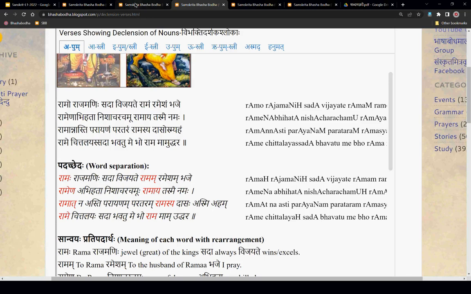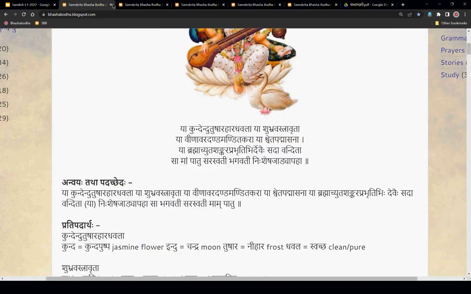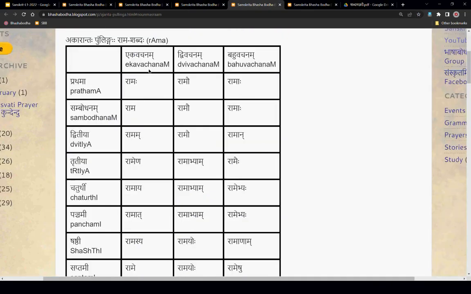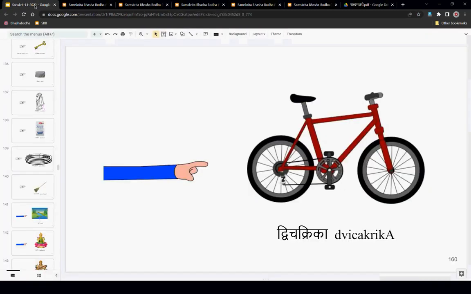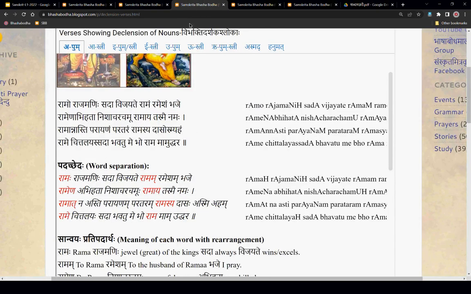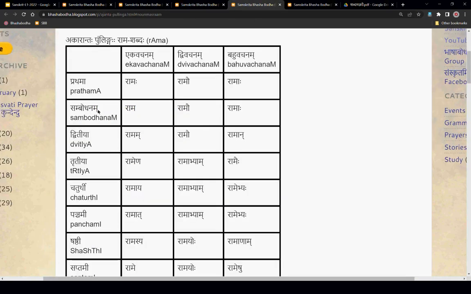These are the Vibhaktis shown in this table. And the last one, Bho Rama, this is Sambodhanam, addressing.